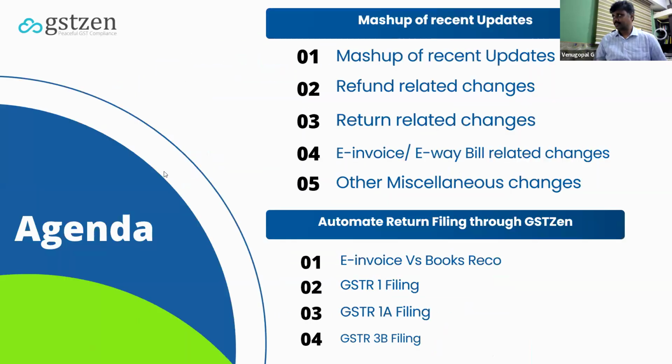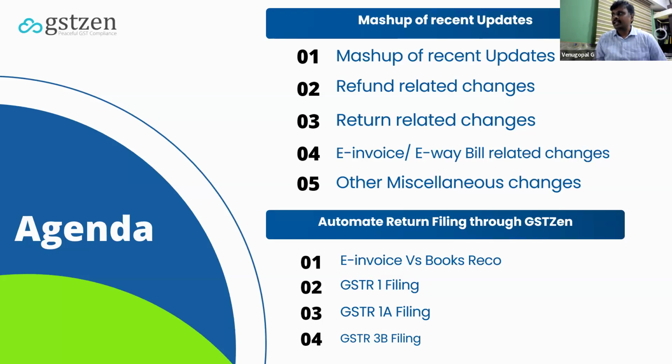Let me start with the session for the day. We will be talking about GST updates. We would also be talking about GST return filing basics, GSTR-1 and 3B, just to bring everyone on par. I'm sure for the last 8 years everyone has been filing, but knowing the various table numbers and what is in them is more important.